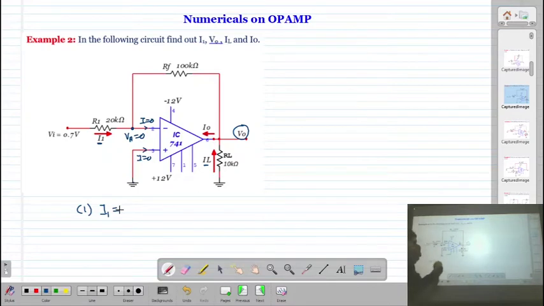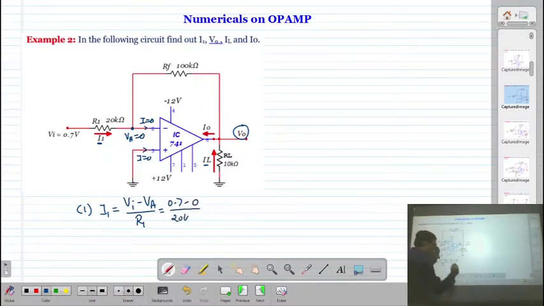So we can write VI minus VA divided by R1, where VI is 0.7 volt minus 0, and R1 is given as 20 kilo ohm. Then you can calculate the current. This current comes out to be 35 microampere.